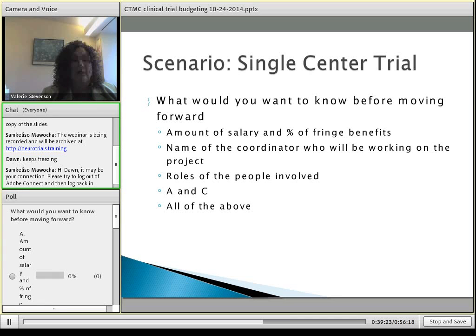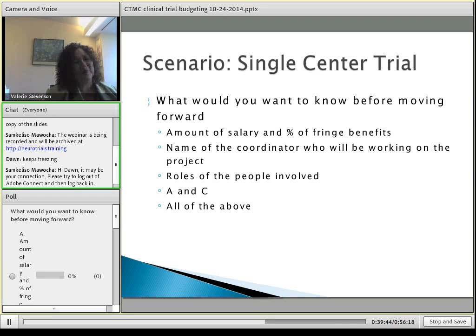And their salary considerations are going to be much different than someone you could hire who is a well-experienced coordinator, but doesn't maintain a professional license. So the name of the person is important in a working relationship, but for a budgeting relationship, it may not be as important.